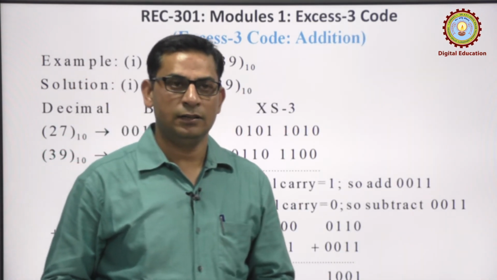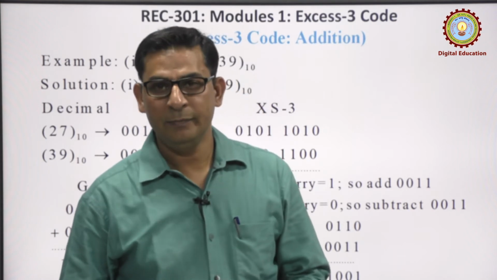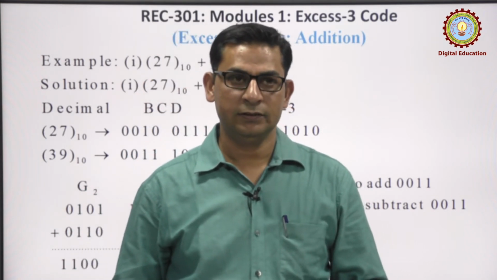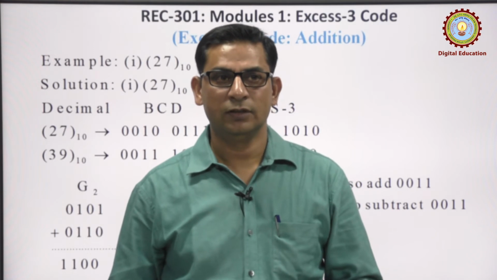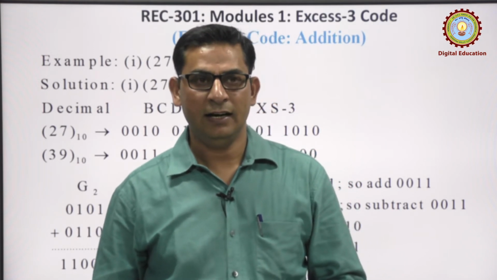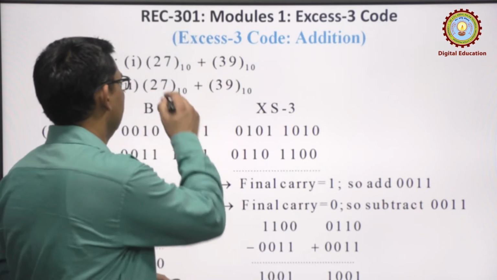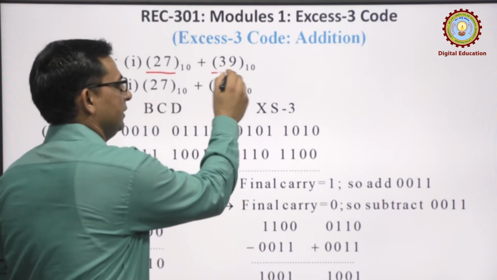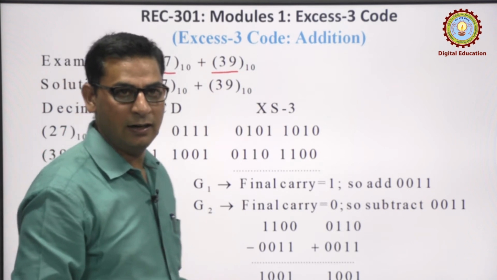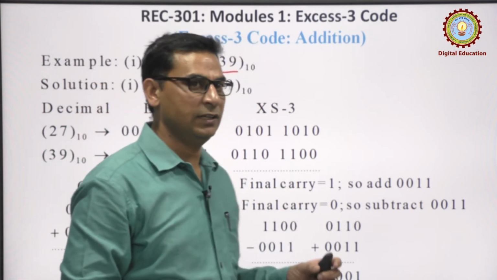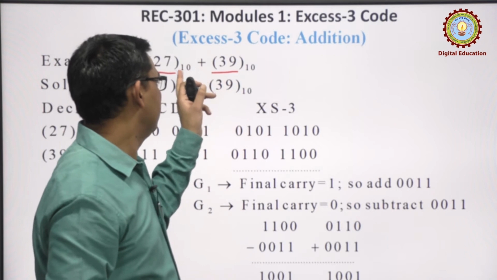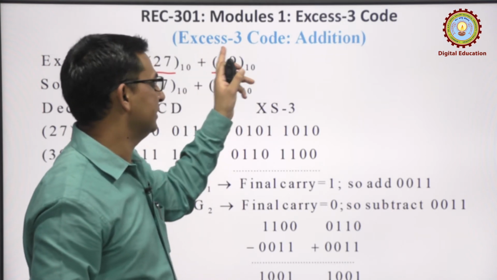Because the topic is the addition of 2 decimal numbers using XS3 code. So, in this example I have taken two decimal numbers, and I want to discuss the addition of these two numbers using XS3 code.